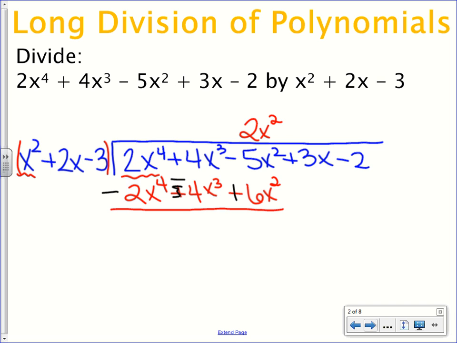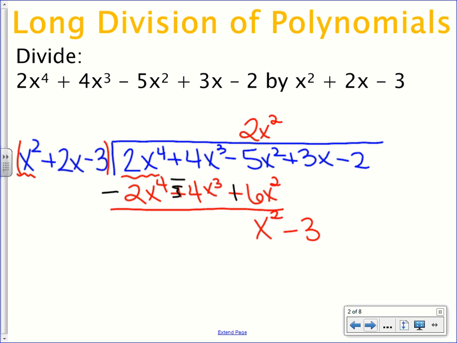Okay? This first set of terms should always cancel. That was the whole point of picking that 2x squared. What about 4x cubed minus 4x cubed? That conveniently goes away. And we're left with what right here? x squared. Then what do we have to do?